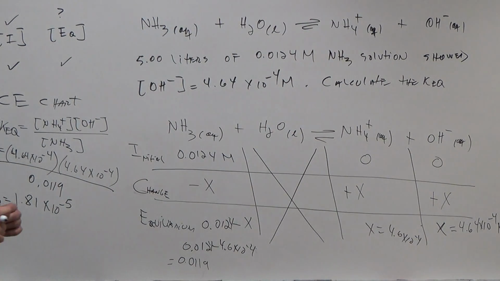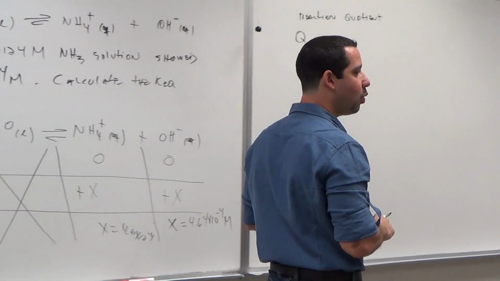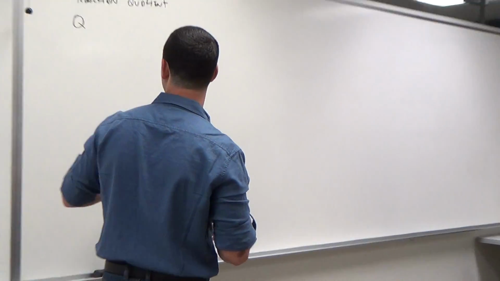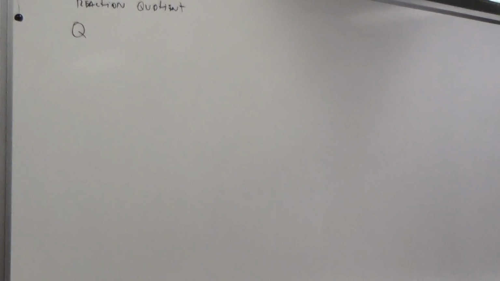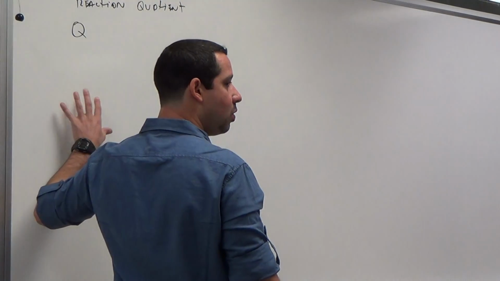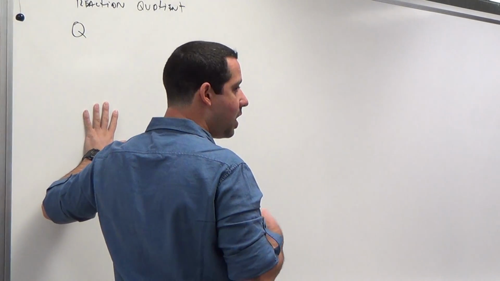The reaction quotient is the same expression as the equilibrium constant expression, with the only difference that the reaction quotient is calculated when you don't know it is at equilibrium. Because if it were at equilibrium, what would it be called? Equilibrium constant. And you can still calculate Q in order to determine if the reaction is at equilibrium or not.